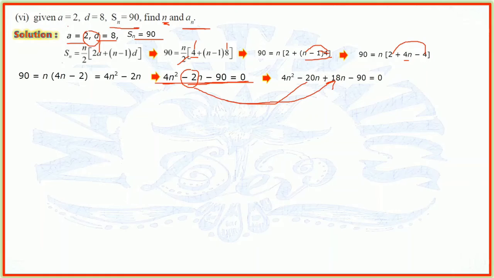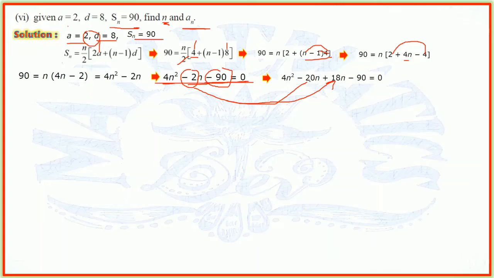If we multiply these two, that is −90 × 4 = −360, and −20 × 18 is also −360. That means our calculation is correct.